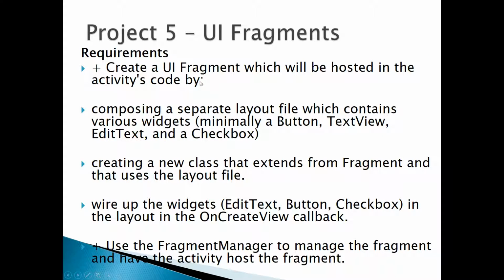Then creating a UI fragment that's going to be hosted in the activity's code, and this goes through all the steps: composing a separate layout file which contains various widgets, a button, text view, edit text, and checkboxes, creating a new class that extends from Fragment, which uses that layout file, then wiring up the widgets, and using the Fragment Manager to have the activity host the fragment.